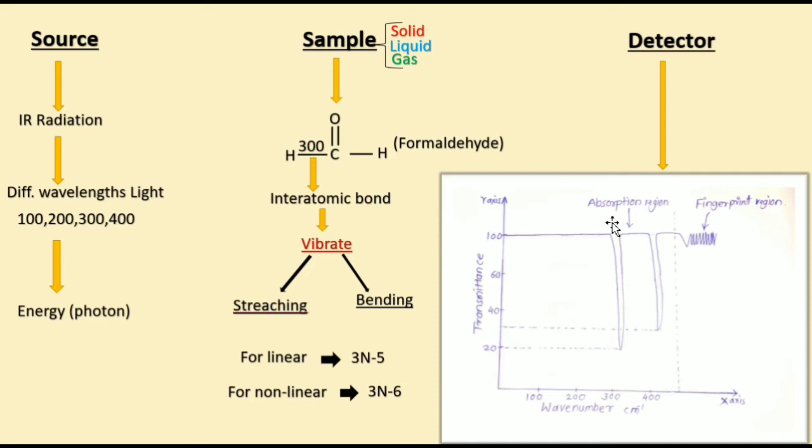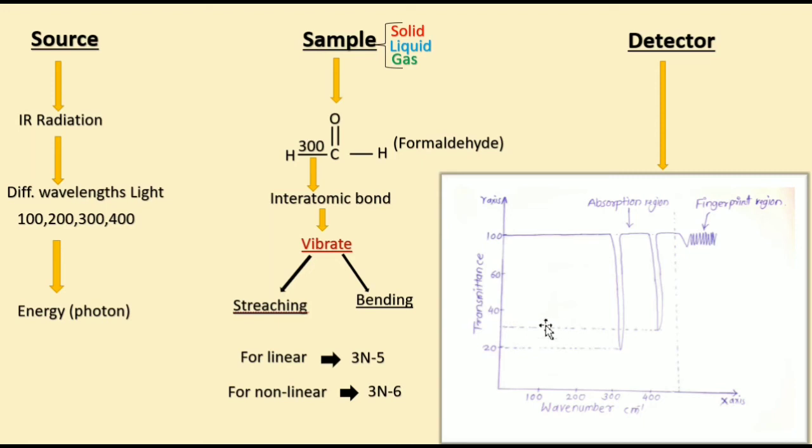For example, at 300 we see only 20% transmittance on the y-axis, because 80% of the light was absorbed by the sample. Similarly, for 400 we see 30% transmittance. After absorption, the sample molecule vibrates.